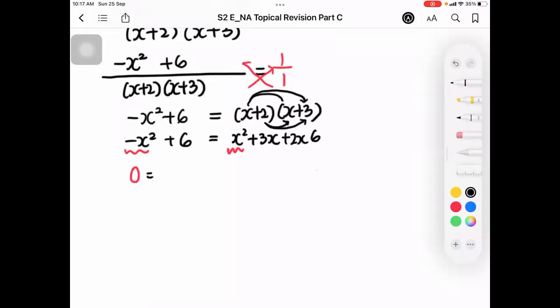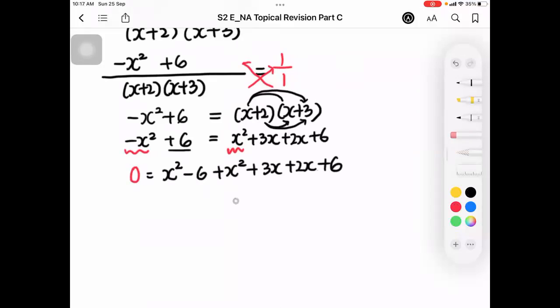Then I shift this over. This one brought over will be positive x squared. This one brought over will be minus 6. Then I still got plus x squared plus 3x plus 2x plus 6. Oh, my plus 6 was missing.